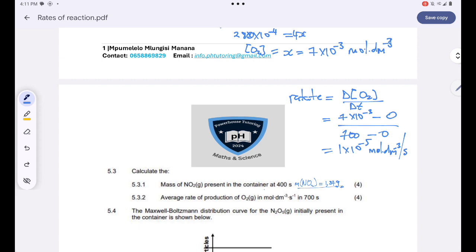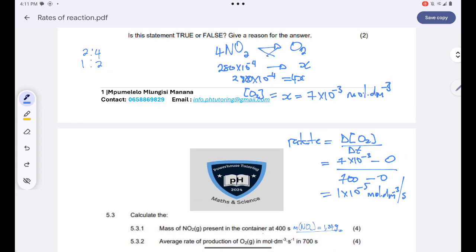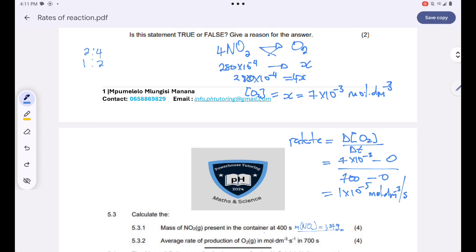Right? The first thing we needed to do was to find how much nitrogen dioxide has formed. And since we know that for us to form 4 moles of nitrogen dioxide, we only need a single mole of oxygen, and since we know the concentration of nitrogen dioxide, I want to know how much concentration of oxygen I would have formed.